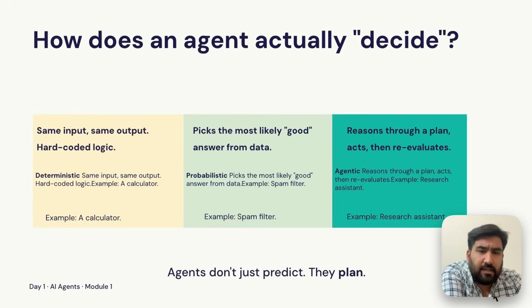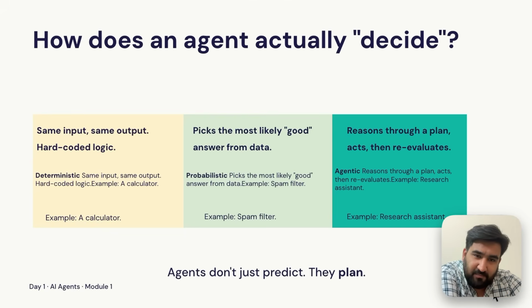A basic calculator is deterministic. 2 plus 2 is exactly 4. Boring, but completely predictable, which is exactly what you want for some problems like banking and accounting systems, right? You can never expect any error to happen here. Could be even hospitals or medical appliances, right?